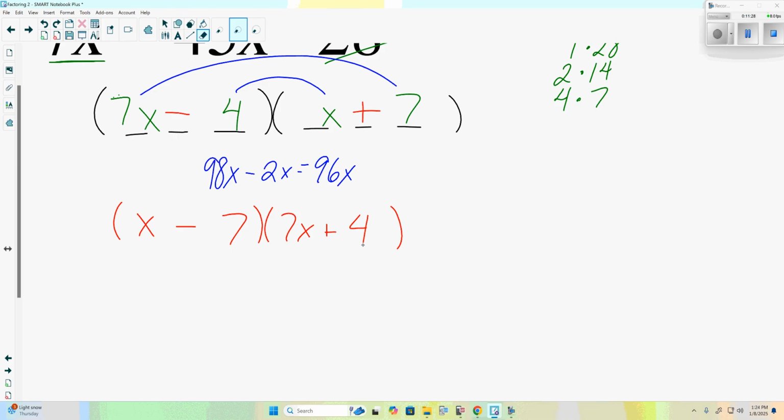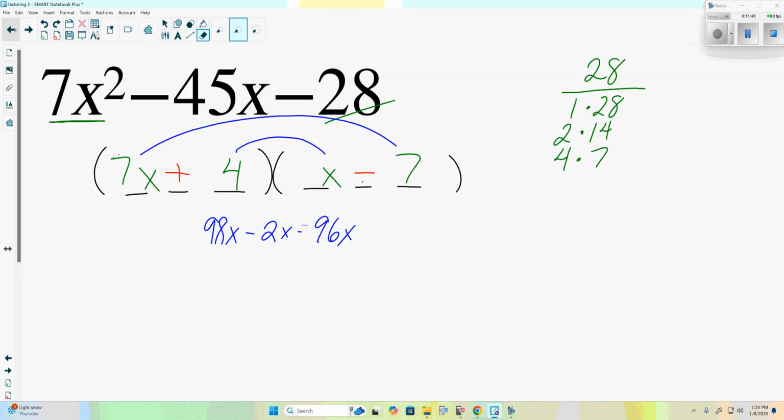I think it's easier to just flip the signs than it is to switch everything but the signs. So 7x plus 4 times x minus 7. Questions on these here? Is this really any different than what we did yesterday? No.